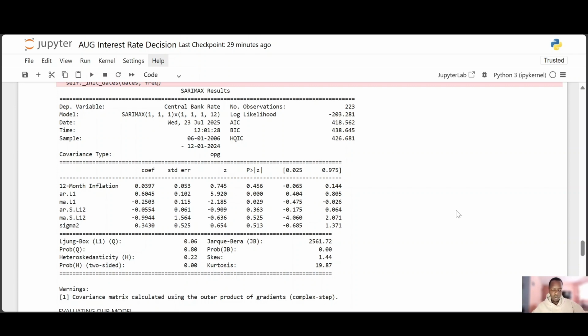When it comes to sigma squared, we look at the coefficient value over here, which is 0.343. Any model that exhibits a higher sigma squared is a bad fit, but any model with a lower sigma squared is a good fit.